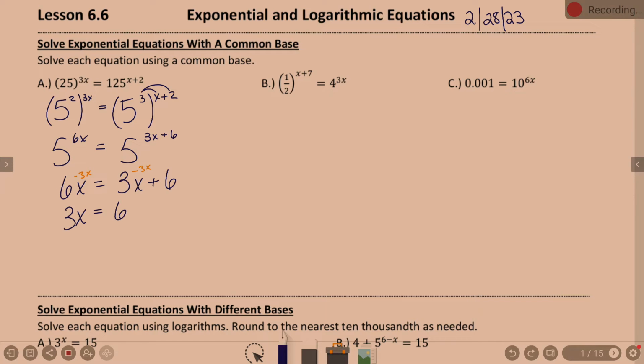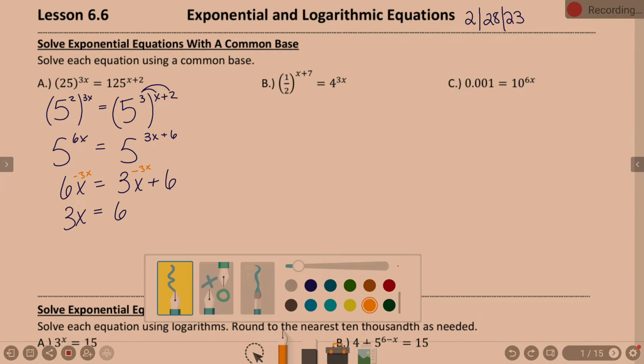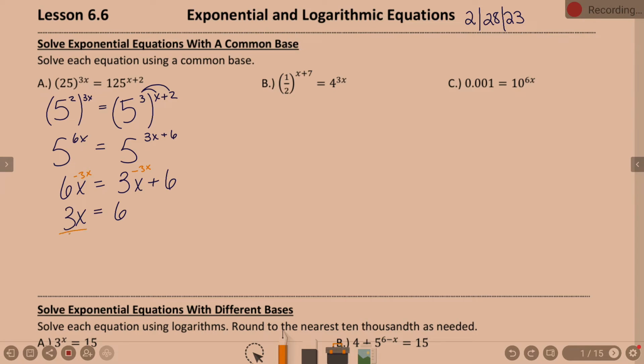If 3x equals 6, we're going to divide by 3. And 6 divided by 3 is 2. So we have a final answer of 2. If you put 2 back into the place for the x's, you will end up with equivalent pieces there. Okay, so in this top section, my job is to make the bases the same, if at all possible.